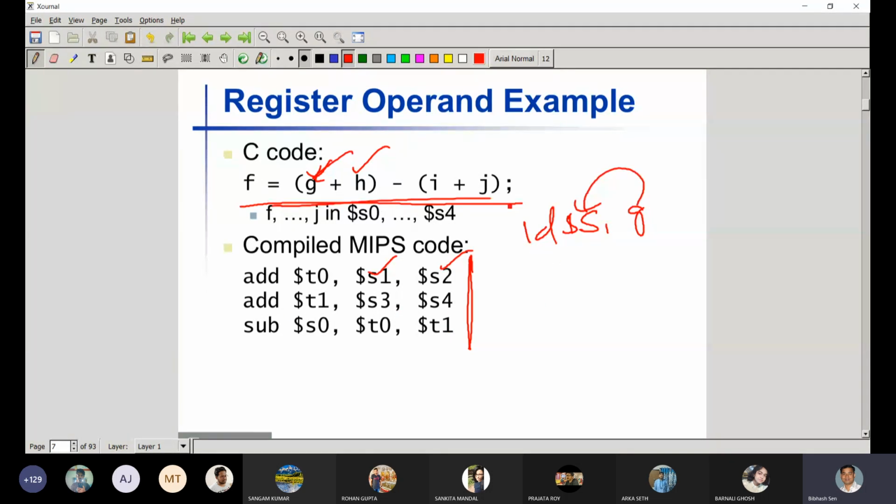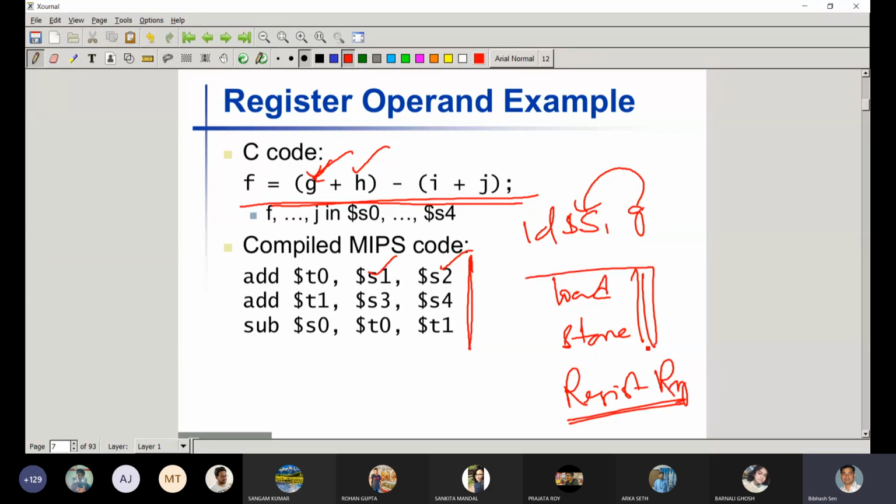The load store architecture is completely used here, so I am not showing the loading and storing parts. I am just showing what happens in the instruction.